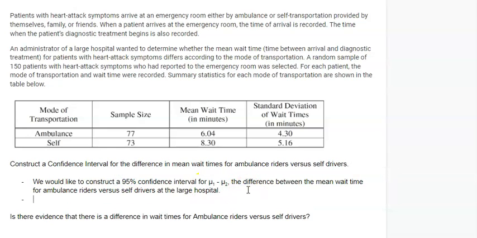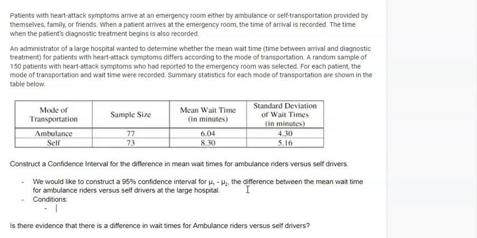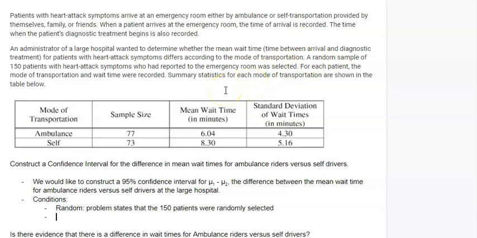So the conditions. Well, again, we have to know that it's random. Thankfully, it says in the problem that it is a random sample. Independence is mentioned as one of the conditions, but it's obvious that they're independent, so we don't really have to say that.